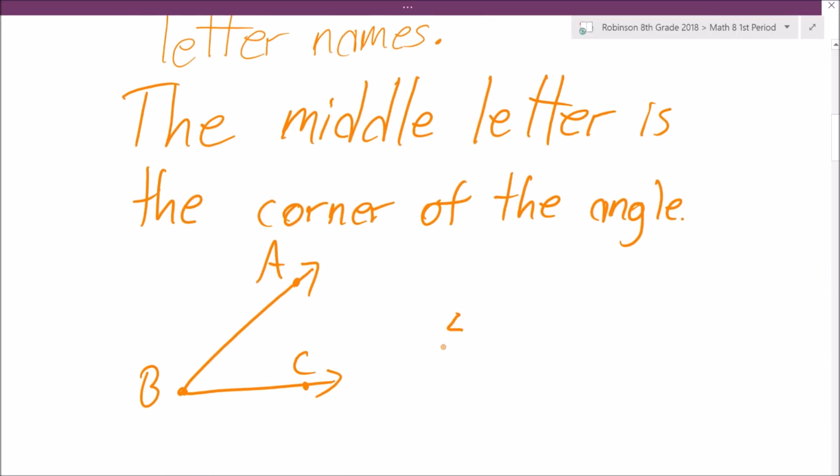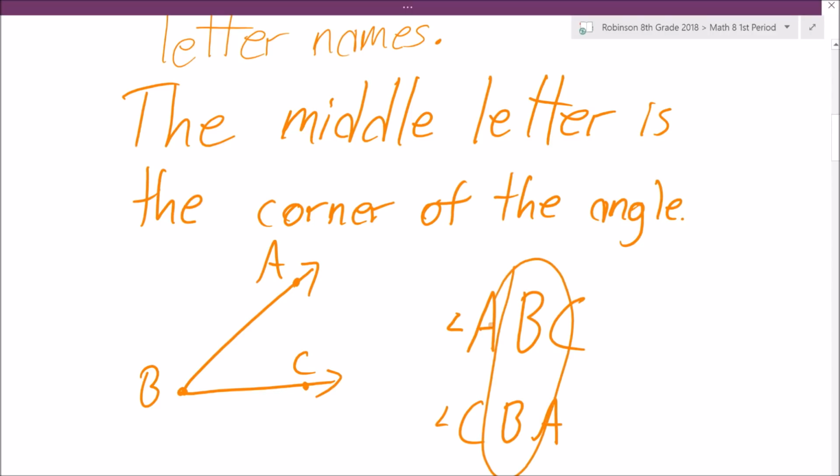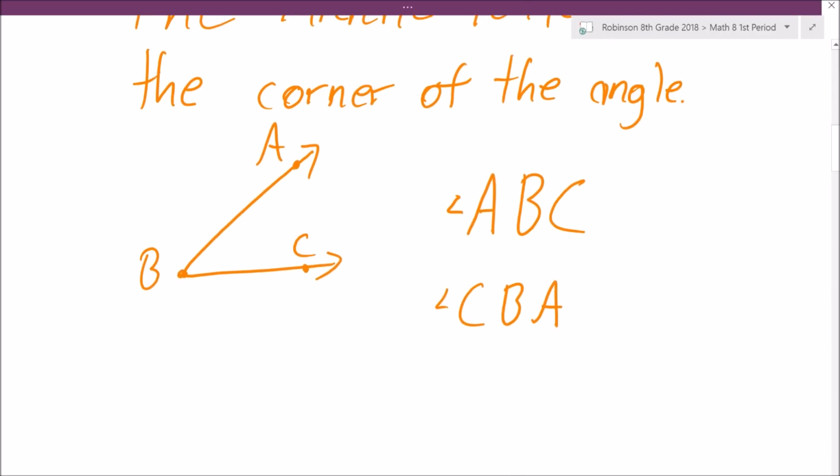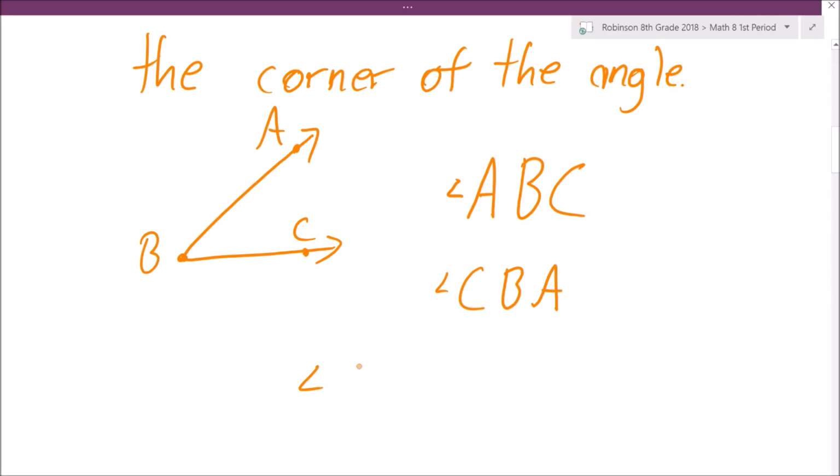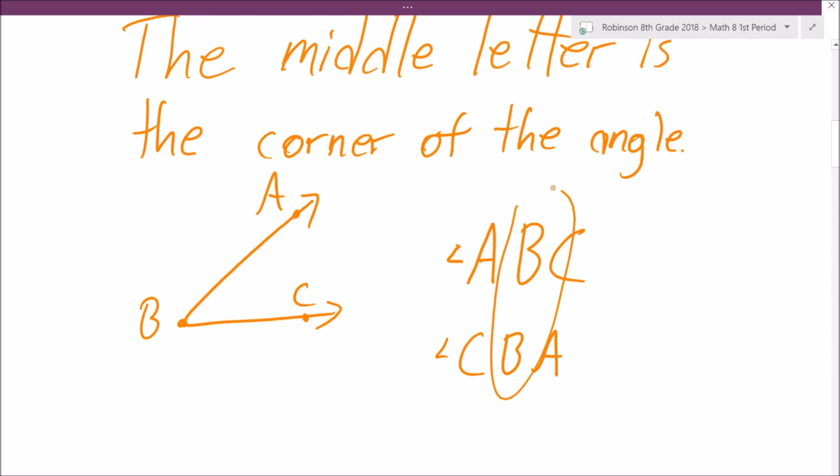It would be this angle symbol, A, B, C, because B is the corner of it. I could also write it angle C, B, A. As long as B is in the middle, it doesn't matter. What I could not do is write angle A, C, B. What that tells me to do is to go from A to C to B, and this is my angle, but that's not the one that I'm talking about, okay? So our middle letter always has to be the corner of the angle, okay?